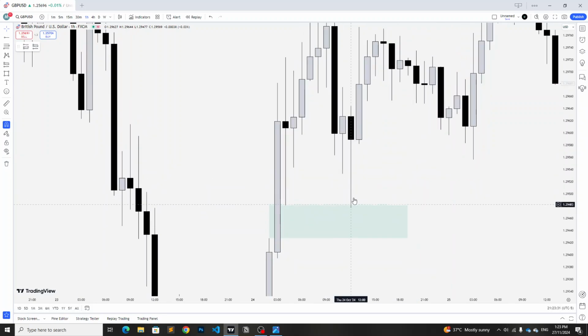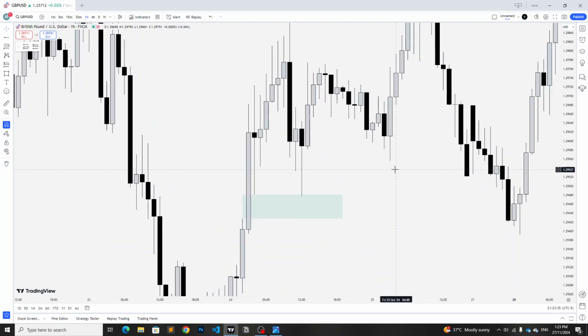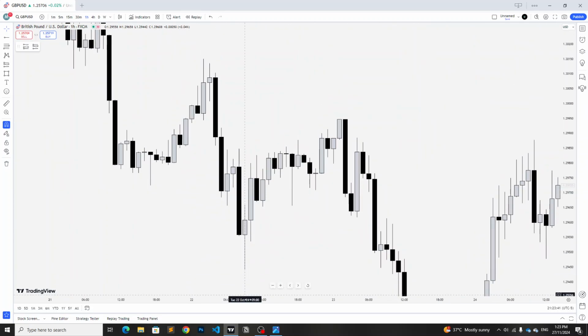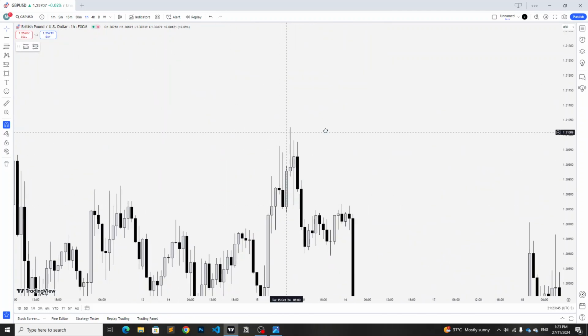The price barely taps the zone and moves up. So basically that's it. That's what a fair value gap is. It's very simple to mark out in the market.